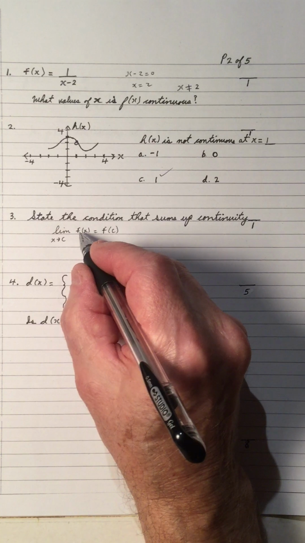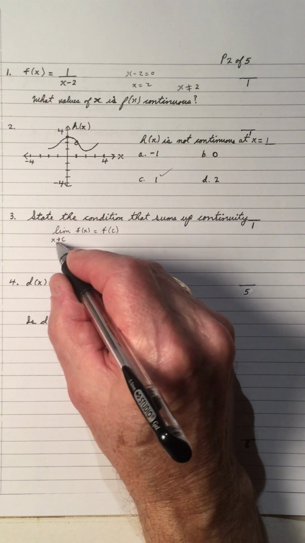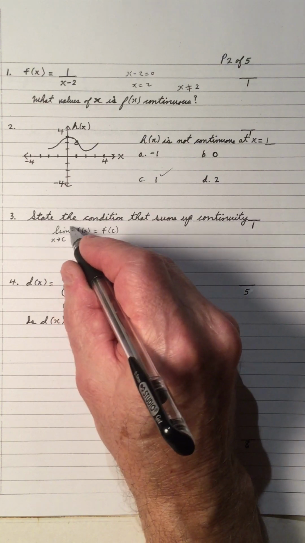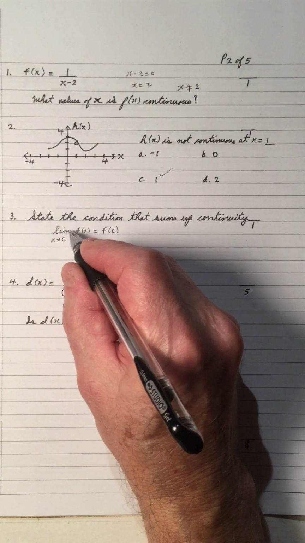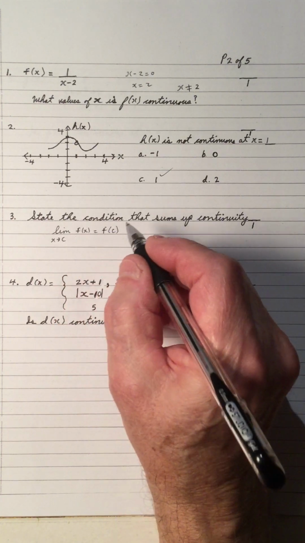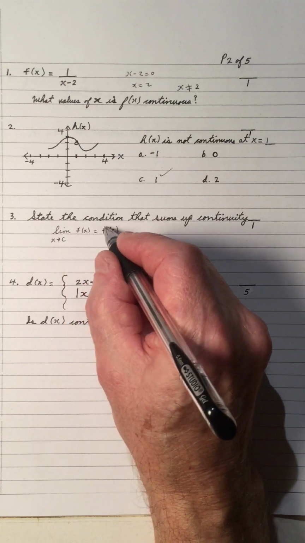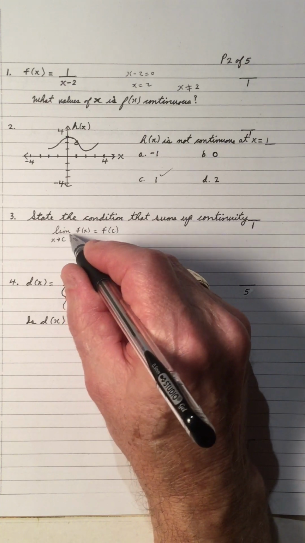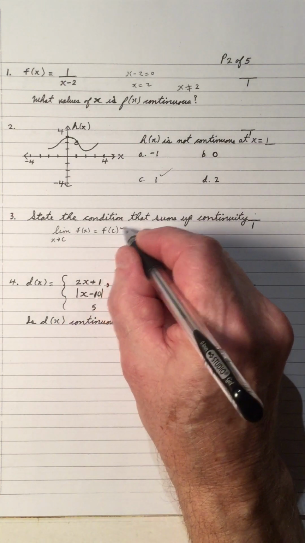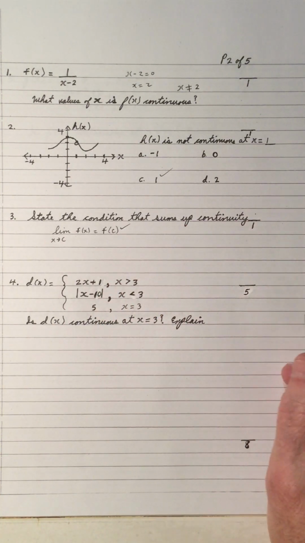The limit of f of x as x approaches c means that the left side is equal to the right side, so the limit at c from the left and right is the same value. When these two values equal the same number, then we have continuity. If you have this condition, give yourself a mark.